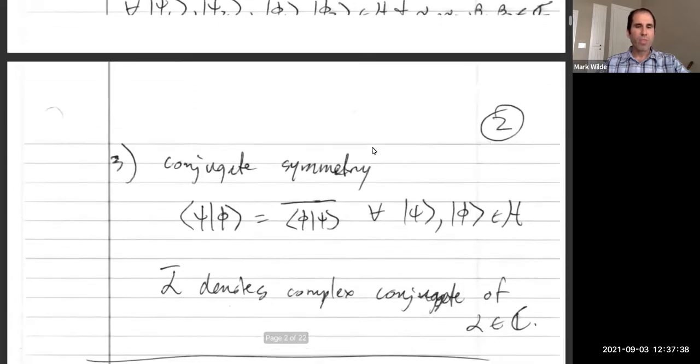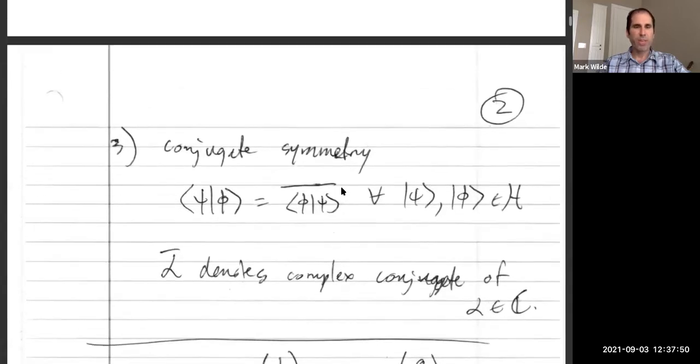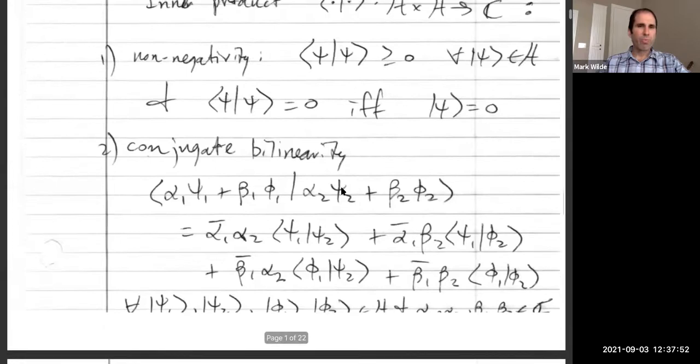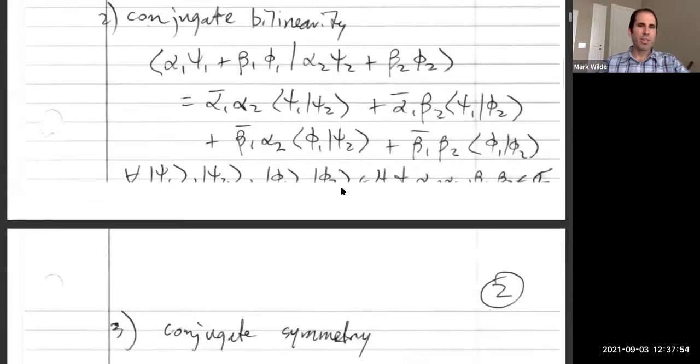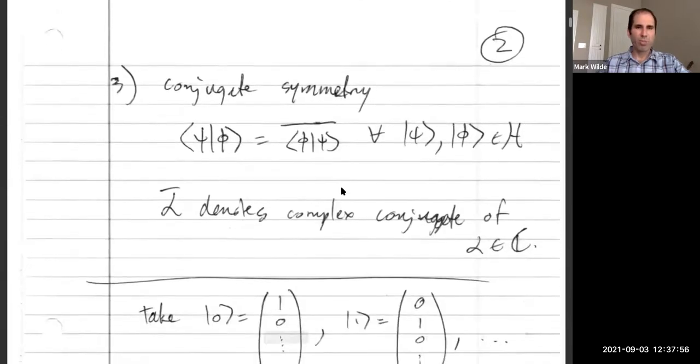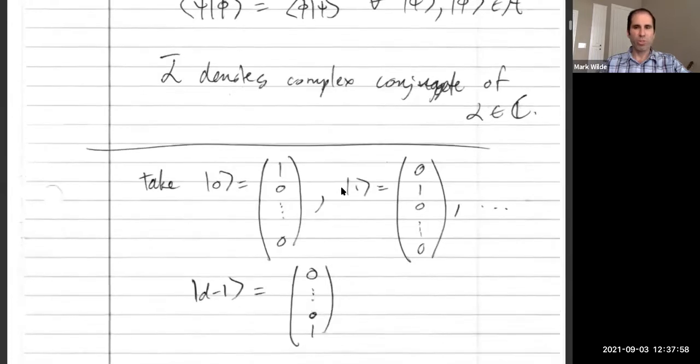Okay. And then there's something called conjugate symmetry, which is that if you take the inner product in one order, doing it in the opposite order gets you a complex conjugate. Okay. So yeah, that's pretty basic. And inner product is something we'll be using a lot in the course.